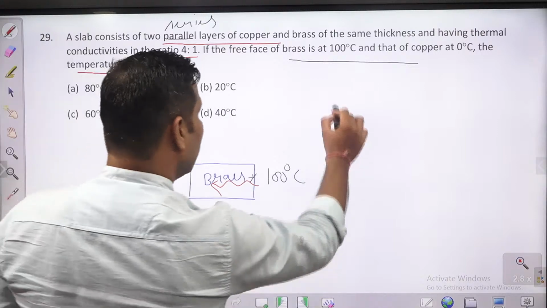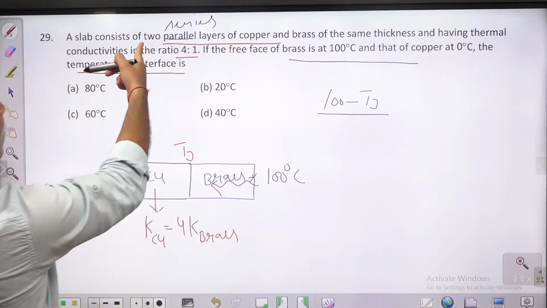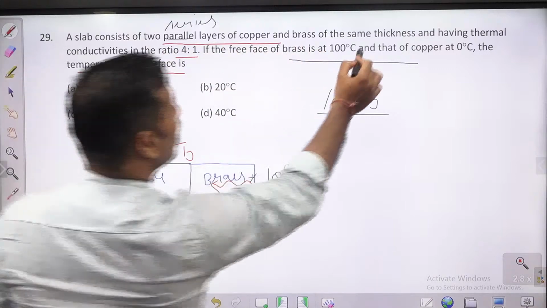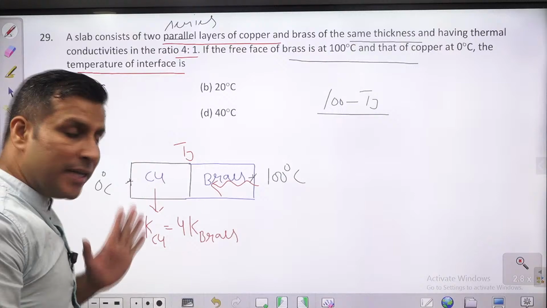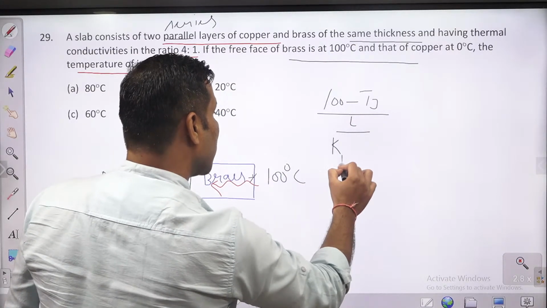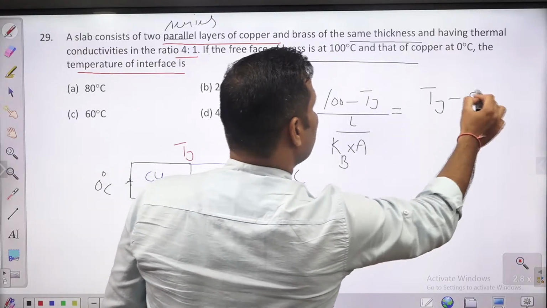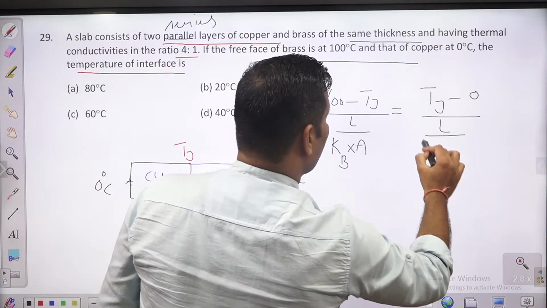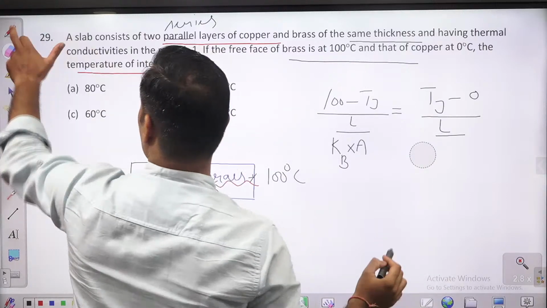So the temperature at the interface will be 100 minus temperature at the interface Tj divided by the two layers of copper and brass of same thickness. Same thickness means, guys, the thickness of both, the length, is the same. So L by conductivity of brass into area, this is equal to Tj minus 0 divided by same thickness L, conductivity of copper, and conductivity of copper is nothing but 4 times the conductivity of brass.